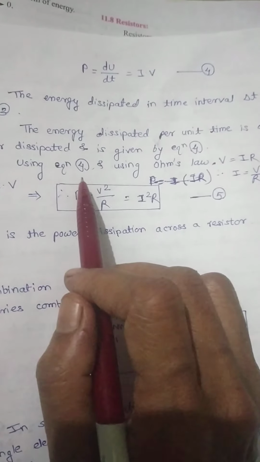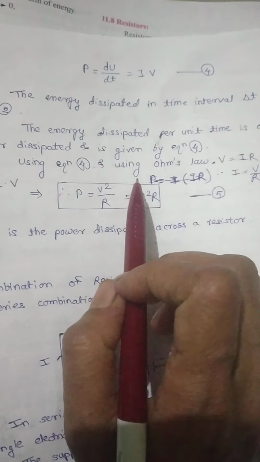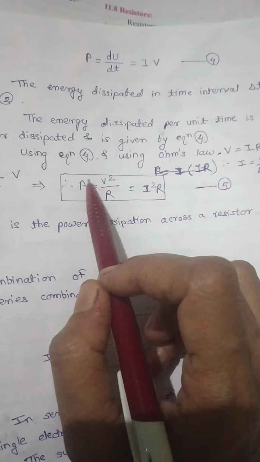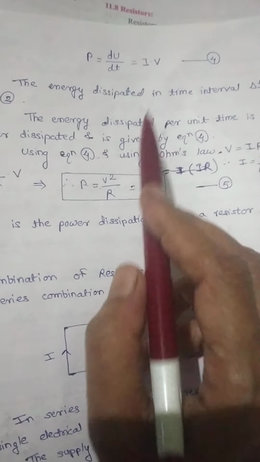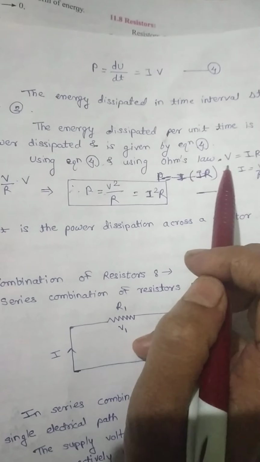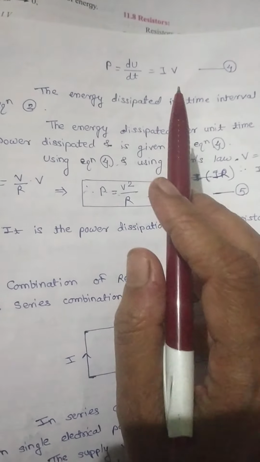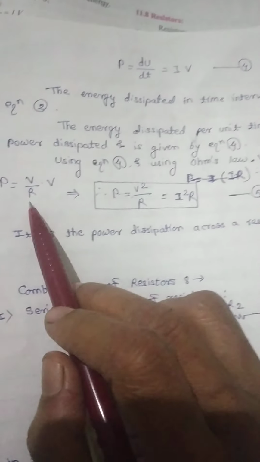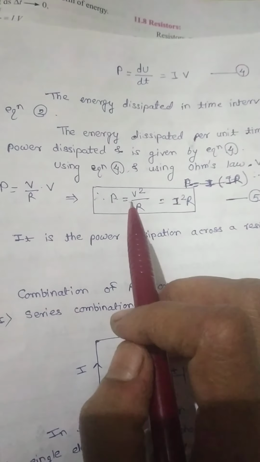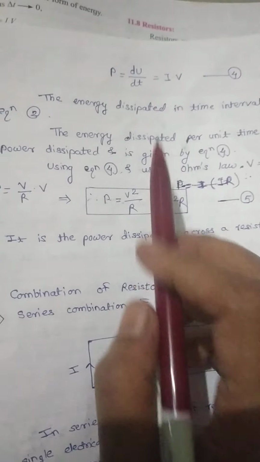Using equation 4 and Ohm's law, V is equal to IR, we get P is equal to V square upon R. In equation 4 put I is equal to V upon R by Ohm's law, and then we get P is equal to V square upon R.